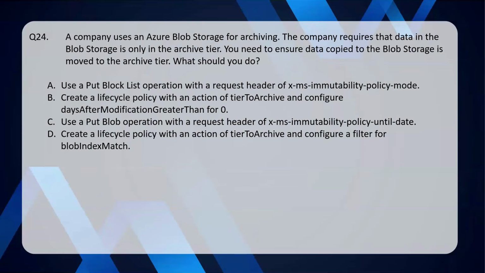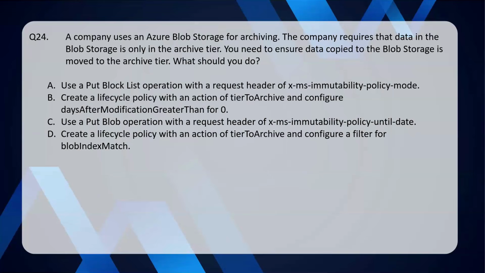Your options are: use a put block list operation with a request header of x-ms-immutability-policy-mode; create a lifecycle policy with an action of tier to archive and configure days after modification greater than 0; use a put blob operation with a request header for x-ms-immutability-policy-until-date; create a lifecycle policy with an action of tier to archive and configure a filter for blob index match.